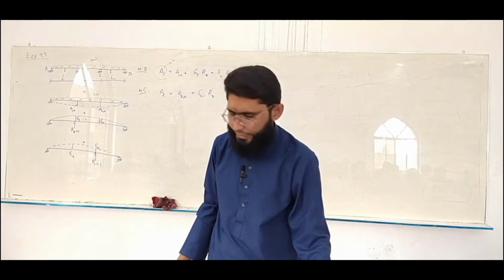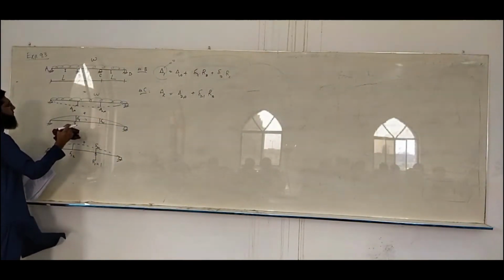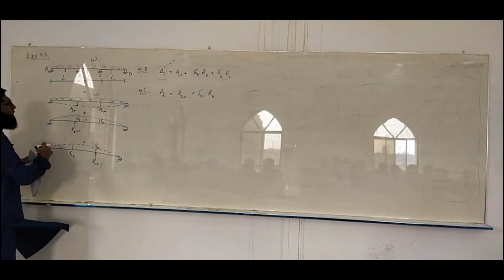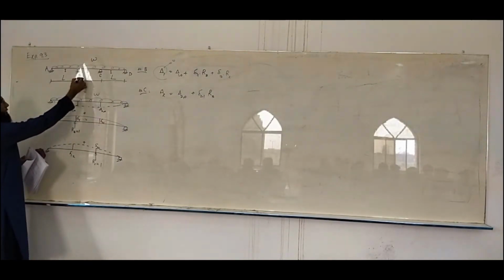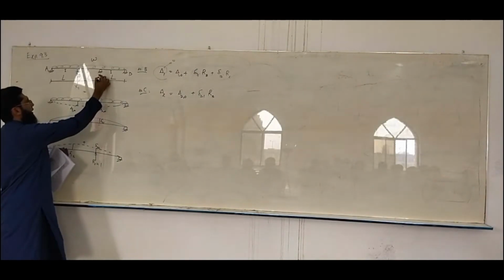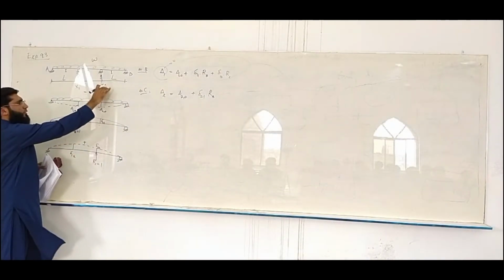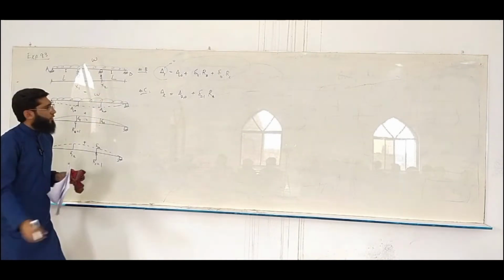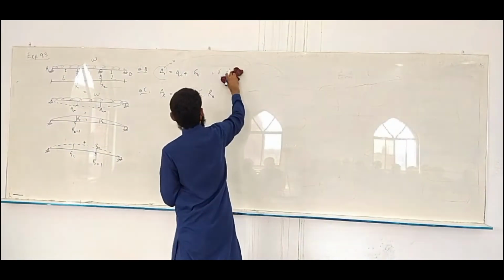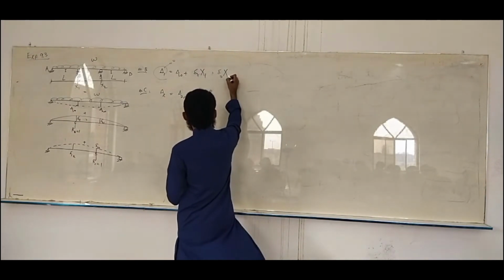Maybe we could start saying, let me call this reaction x1 and this x2. Let's switch over completely to the digits. So I would say this is x1 and this is x2.